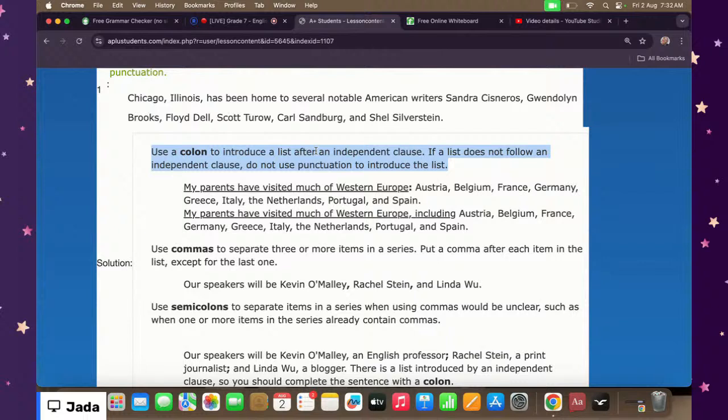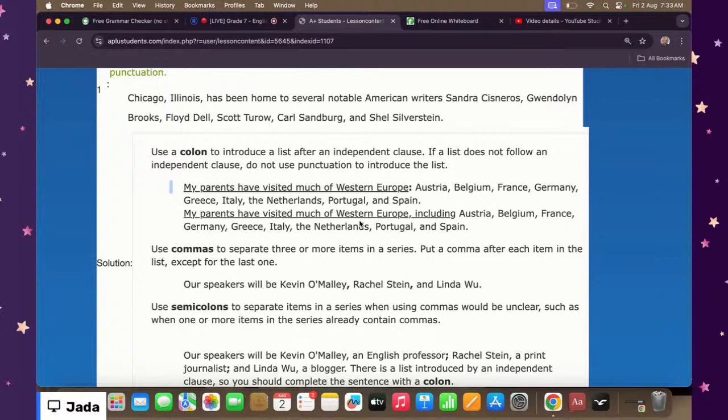My parents have visited much of Western Europe. That is an independent clause, so you have to put your colon to introduce your list, just like this here. Now, my parents have visited much of Western Europe, including Austria and the rest of them.